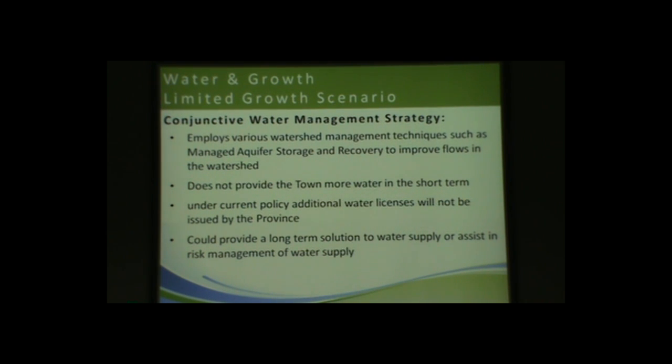The problem is that it doesn't provide more water to the town in the short term. Currently, provincial policies prohibit any new licenses in the South Saskatchewan watershed. But in the long term, the strategy could provide the necessary work to justify new water licenses or assist in risk management of water supply. It is a long-term potential solution.